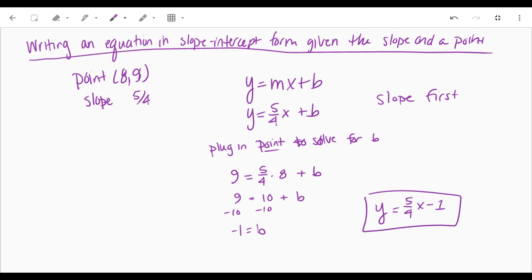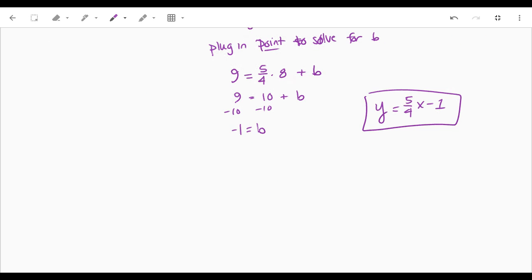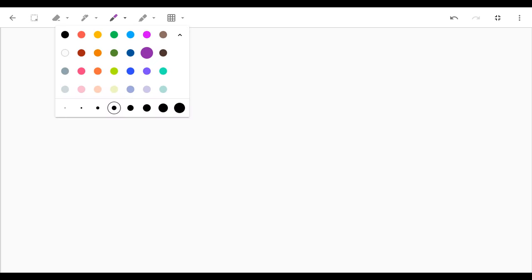All right, we got another one here. Write the equation of a line through 2 given points. So it's just one more step than what we just did.